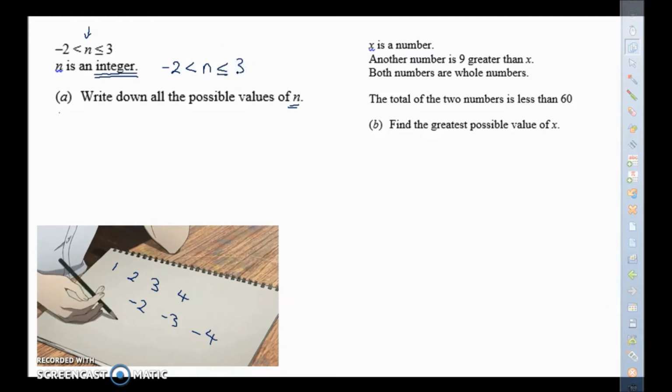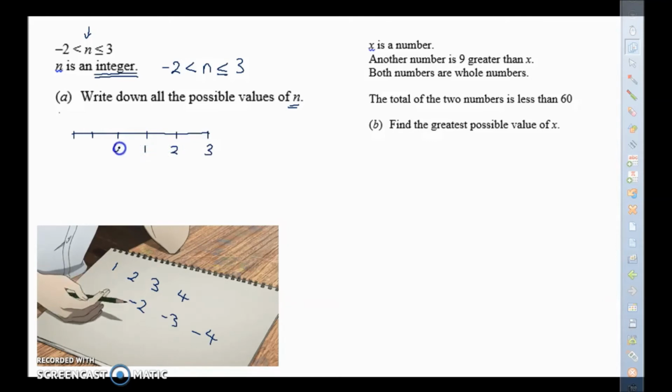So basically he's saying to us that n is bigger than -2, but it's less than or equal to 3. So what whole numbers could be the value of n? If I draw a number line to make this very, very obvious what's going on. So we know that we're only going up to 3, 2, 1.